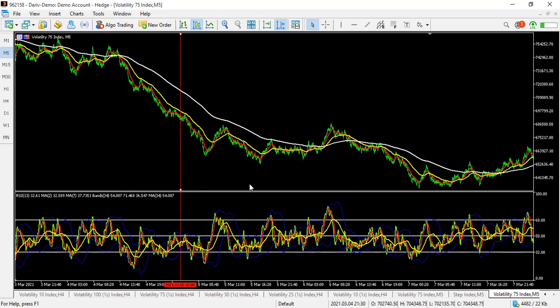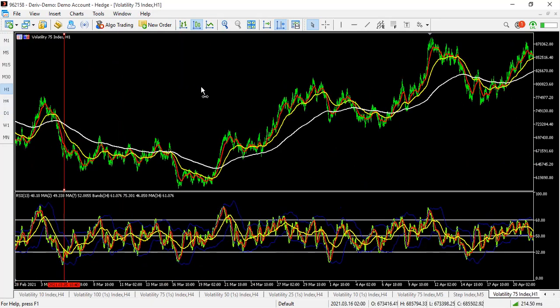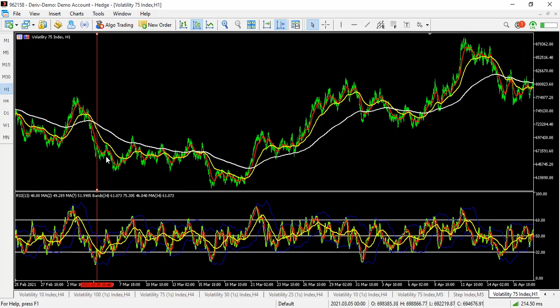So now the last thing I just want to tell you is this: when you're on the lower time frame taking positions, before you take the next position, it's necessary that you go back to your 1 hour time frame and check if it's still in the downtrend.